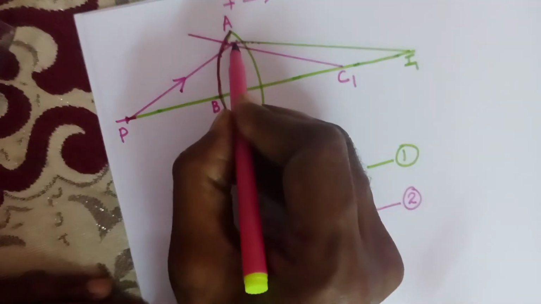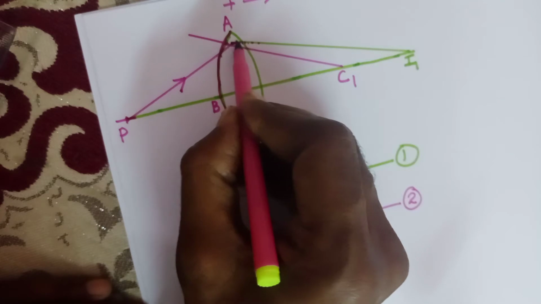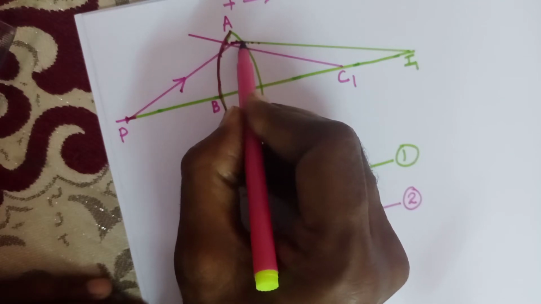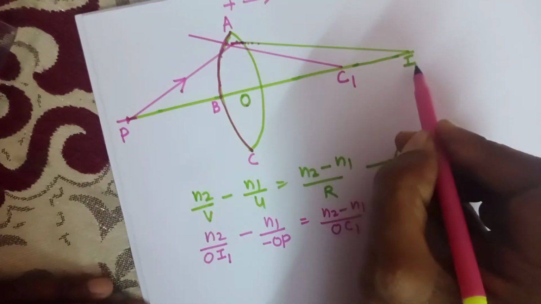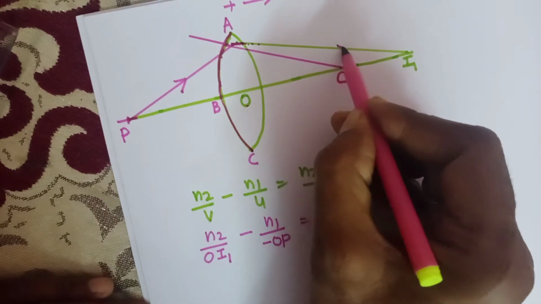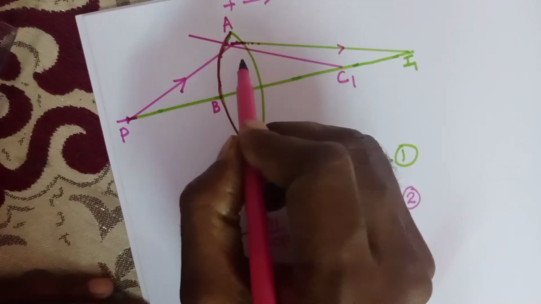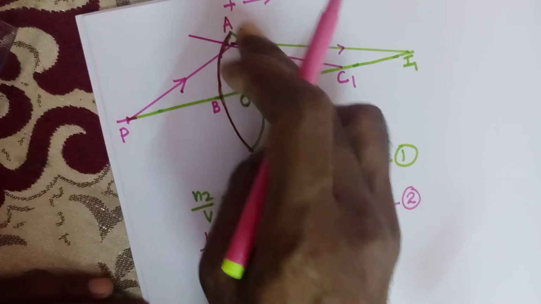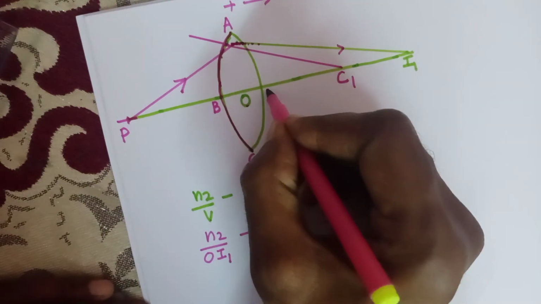But when we considered that I1 is the image formed here, we did not consider the refraction from the ADC surface.